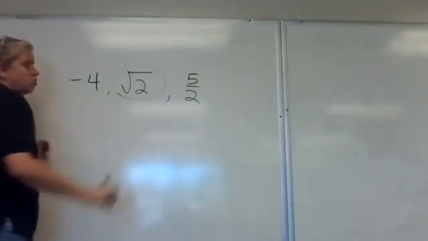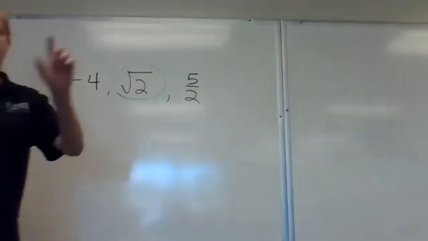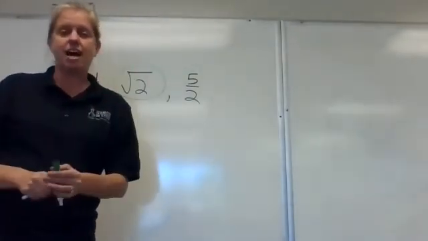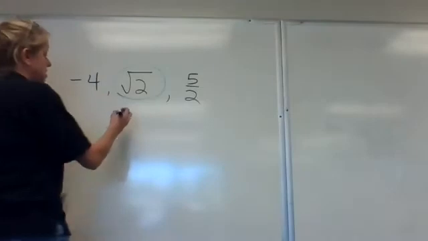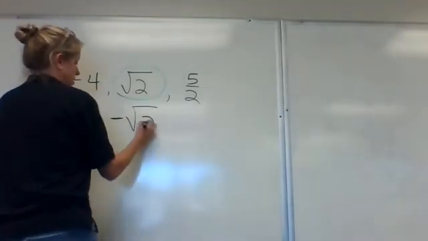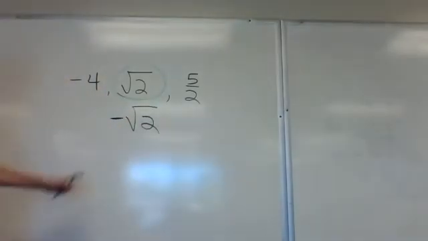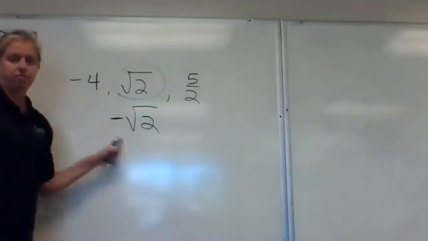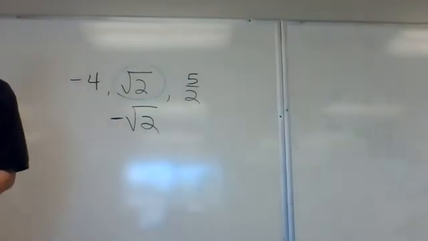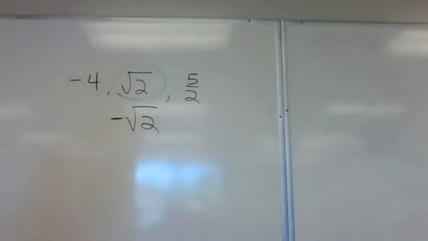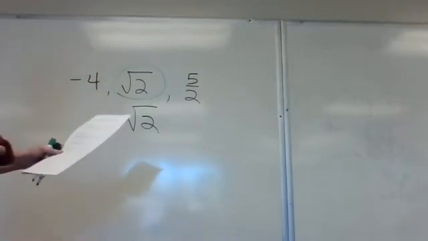Like I said, if there's a square root, then it's going to have the conjugate, the opposite sign of it. So if the square root of 2 is a 0, so is negative square root of 2. So this is the missing 0, negative square root of 2.